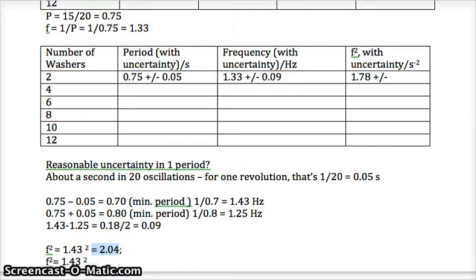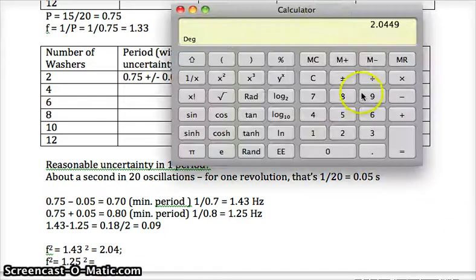So that's, hold on, not 2.04, because that's not 1.43, that's 1.25. So we can take 1.25 squared, and that's 1.5625. Round that to 1.56.